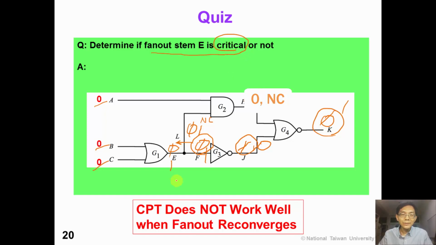So the result of this quiz is opposite to our previous example. So actually we don't know how to determine the criticality of a fan-out stem unless we perform a real fault simulation. So critical path tracing actually does not work well when fan-out reconvergence happens, like in this example.